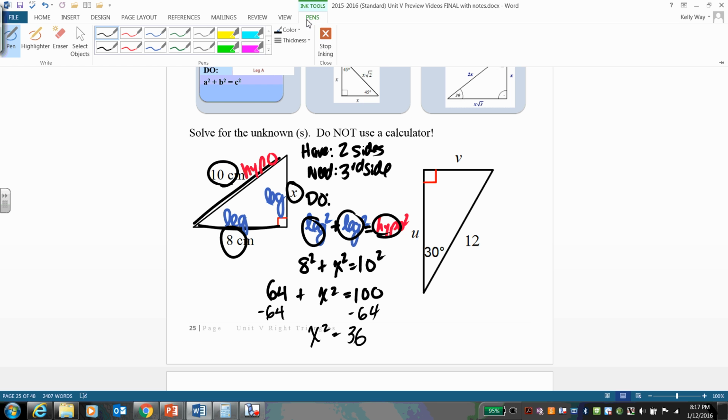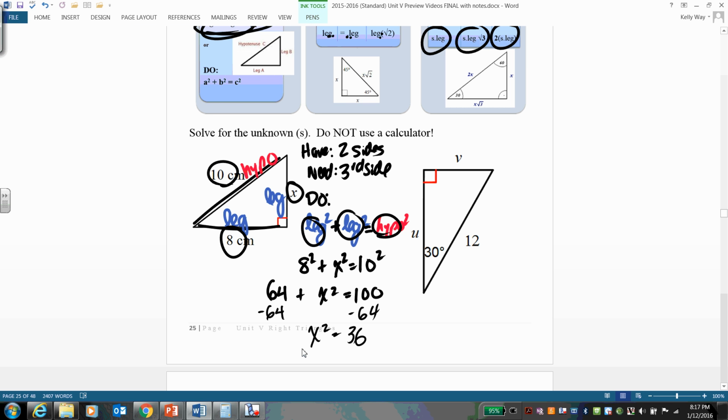X squared equals 36. The opposite of squaring is square rooting. So here, x equals 6. So this is a 6, 8, 10 right triangle.